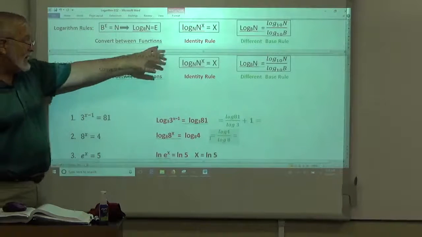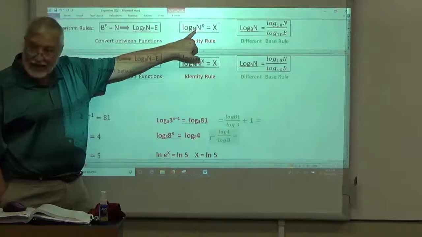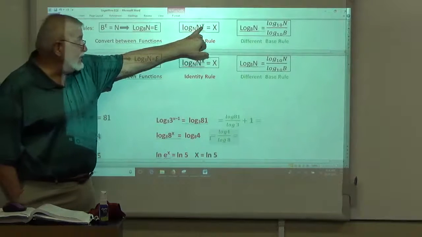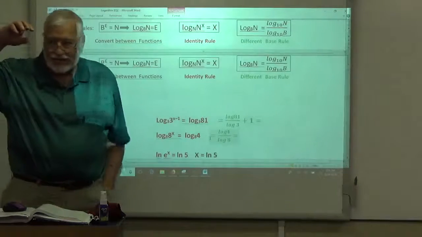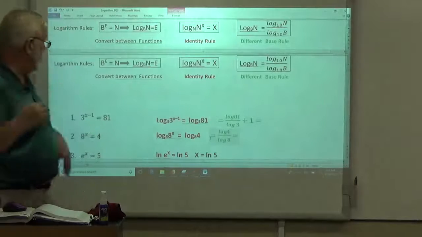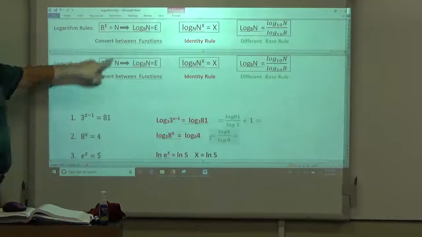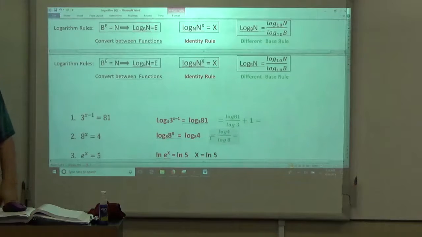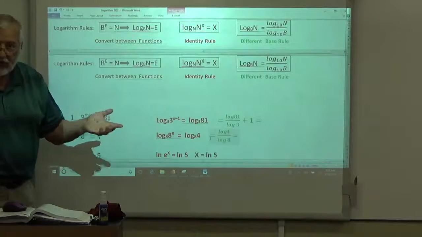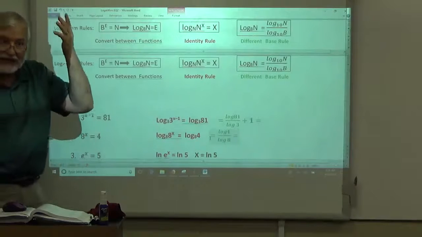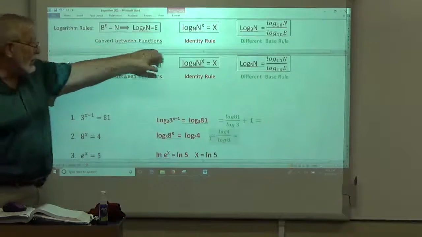Now, the identity rule says that log base n of n to the x equals x. What if you have, let's say, 4? If I have 4 equals 4, what's the exponent? 1. And so when I change it to a logarithm, because the log is an exponent, the log base 4 of 4 is the exponent 1.